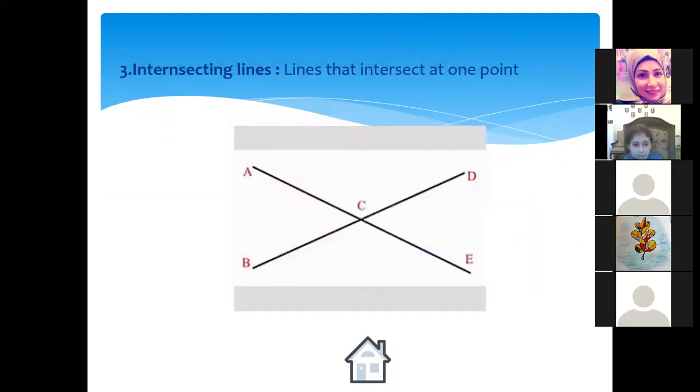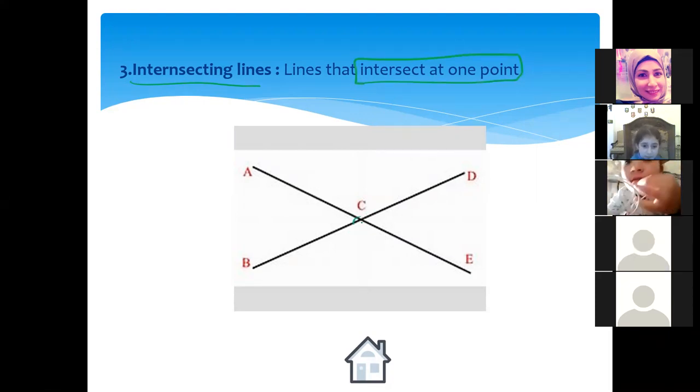Now, intersecting lines. Lines are said to be intersecting if they intersect at one point. They meet at a point. Look at these two lines. They meet at this point, so we call them intersecting lines because both of them meet at a point.